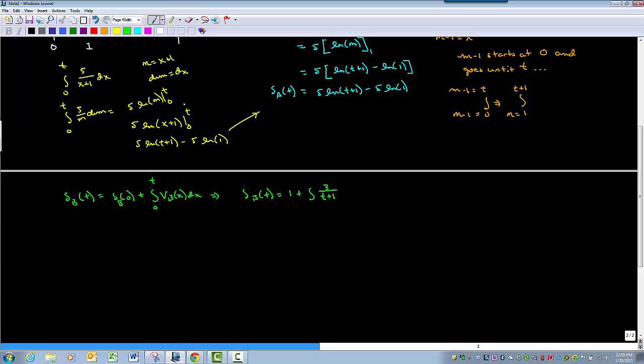Okay, but I need it in terms of x. Okay, perfect. Now we need to find an antiderivative for this. So this is going to be 1 plus, again, by substitution. Okay, and the same process up here. We're going to end up with the following, we're going to end up with 3 times the quantity of the natural log.